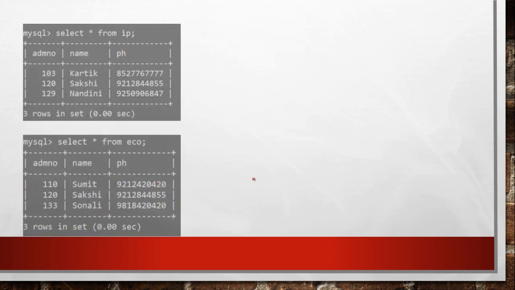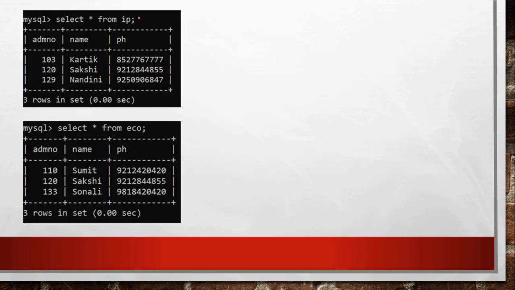Now suppose we have these two tables, one is the IP table and the other one is the echo table. If I perform the operation IP minus echo, it will show me the records of only IP students, and in the result it will exclude, or ignore, the records of those students who are also studying in echo.